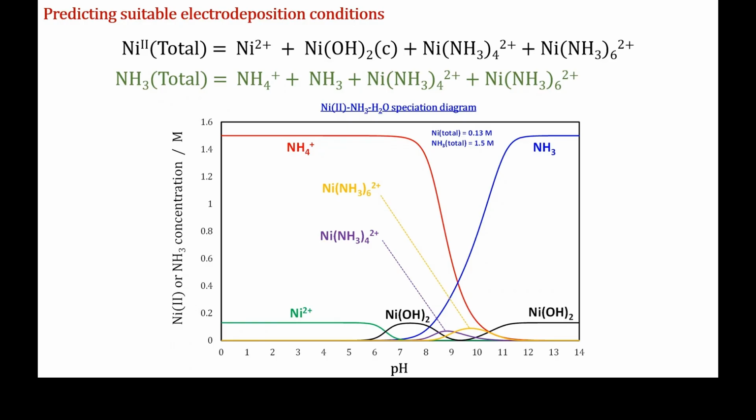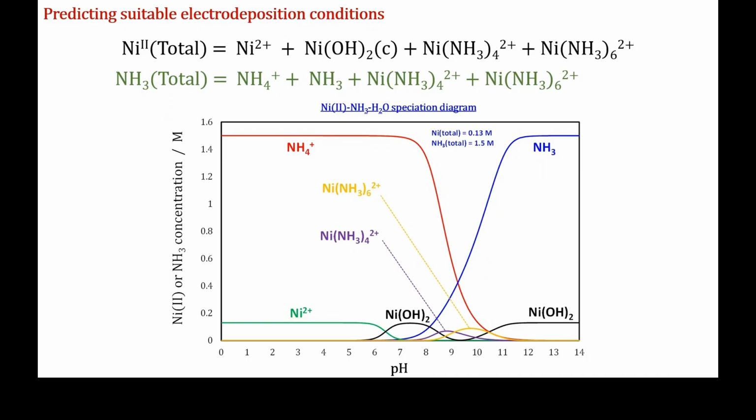And so to bring that in, if you have a deliberately added complexing agent, you have to do the mass balance on the metal and on the complexing agents, because the complexes are common to both mass balances. So if you want to solve this, you have to use some sort of solver.